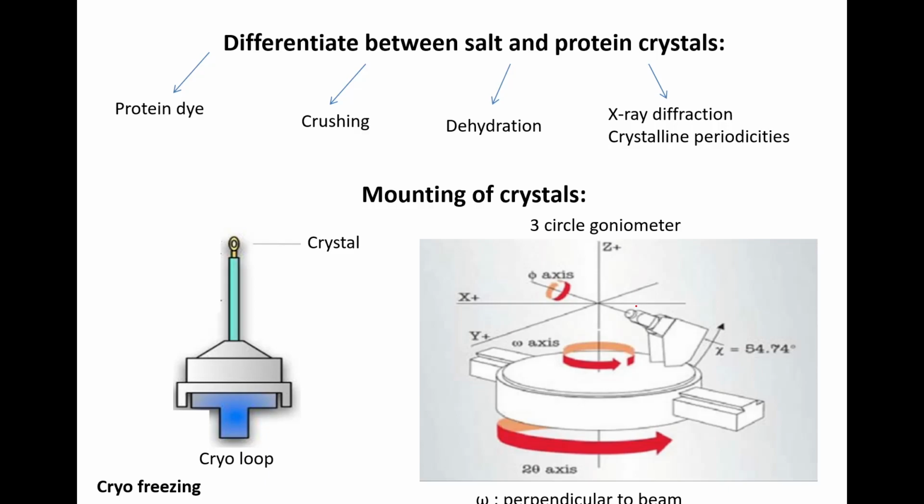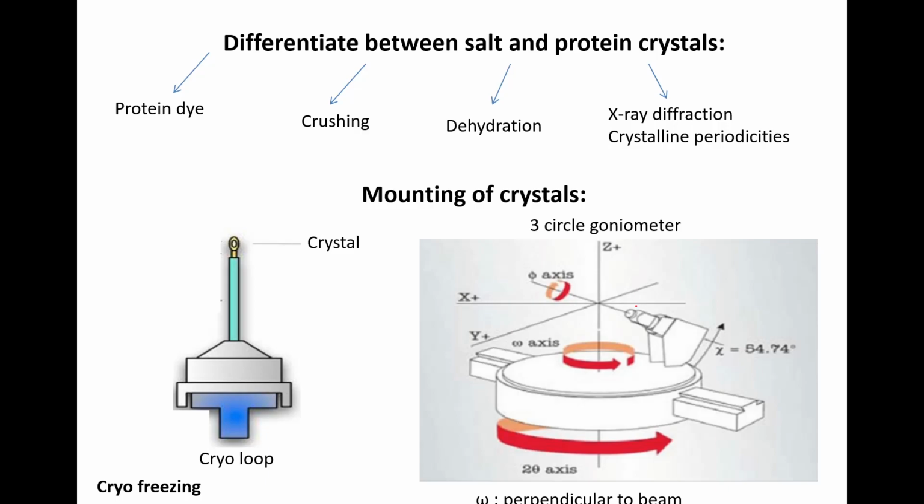How can we differentiate between them? As I said, in your precipitant there are salts as well as your protein. When you are trying to form the crystals, what is the surety that you will get only the protein crystals?